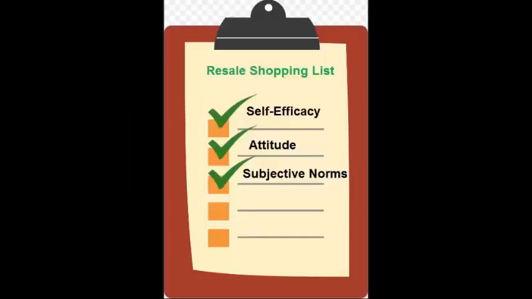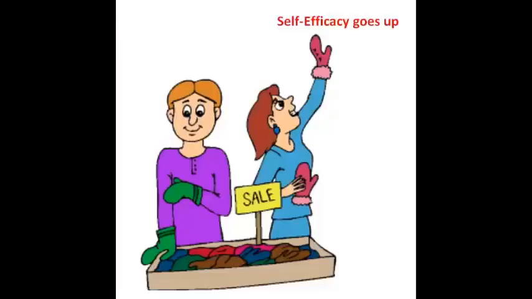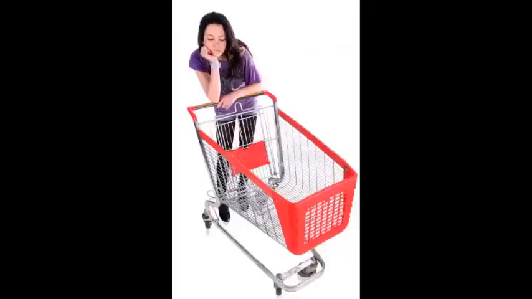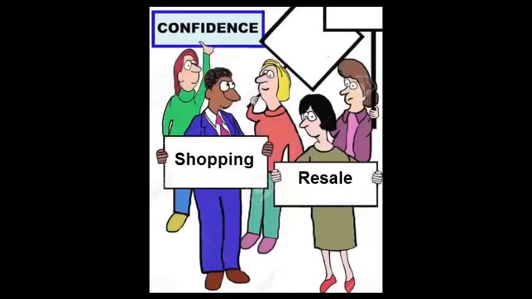Typically, although not always, self-efficacy, attitude, and subjective norms are correlated. In other words, when self-efficacy goes up, so too do attitude and subjective norms. However, there are times when we may see high self-efficacy, for example, but poor attitude. To illustrate this, let's say I have a number of audience members who are confident in shopping at resale stores. They all have high self-efficacy.